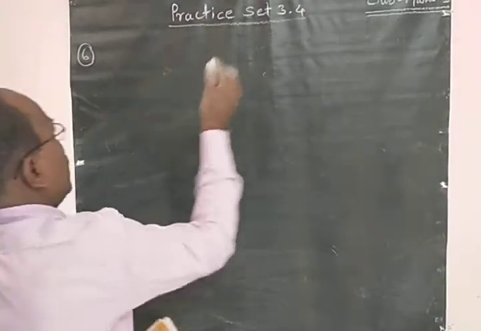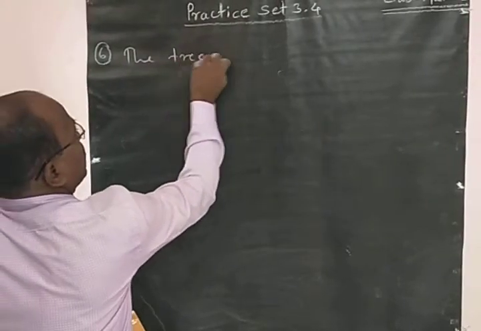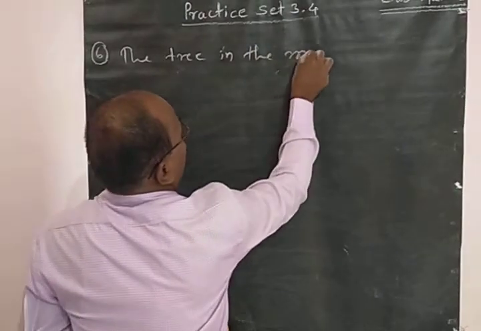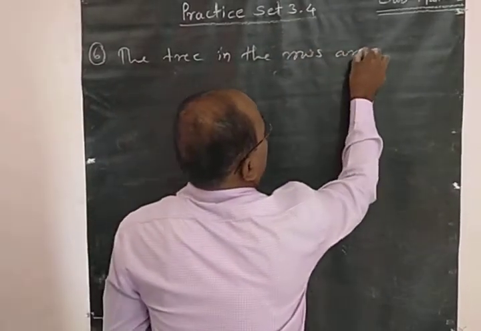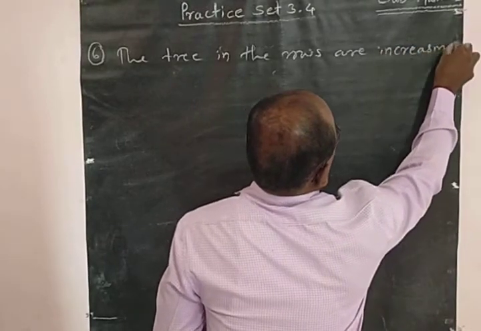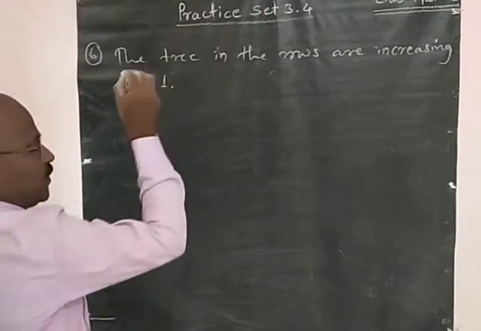The trees in the rows are increasing by 1.